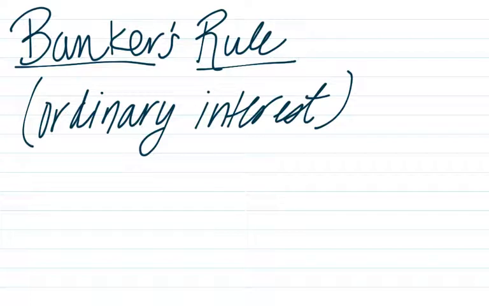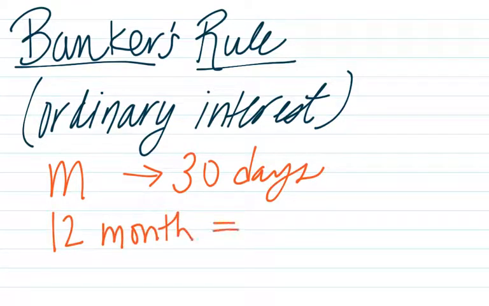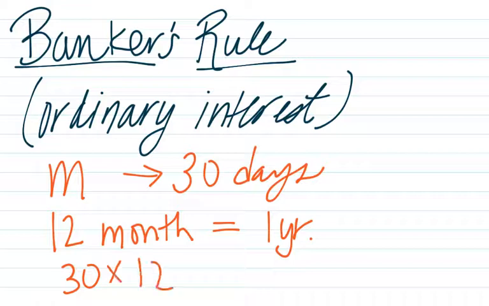The banker's rule states that a month is 30 days. There are 12 months in a year, and therefore, a year has 30 times 12 days, which would be 360 days.